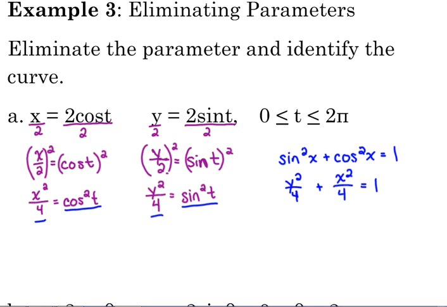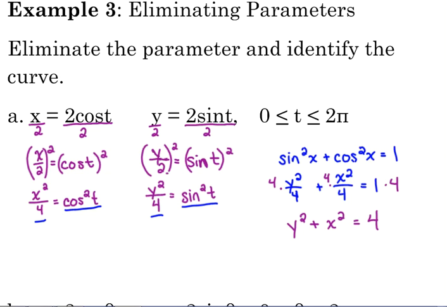Now, traditionally, you will see this equation without those denominators. Both of them have a denominator of 4, so if we multiply the entire equation by 4, we get y squared plus x squared is equal to 4. Now, does that equation look familiar to anybody?